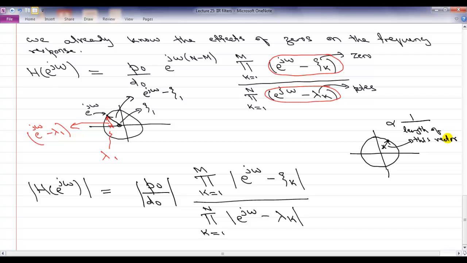You move the zeros far away from the unit circle, your response is not getting pulled down much. And similarly, if you move the poles far away from the unit circle, your magnitude is not getting pulled up too much. Okay? So that's effectively what poles and zeros are doing. Zeros are pulling down the magnitude and poles are pulling up the magnitude. You want to stay away from the unit circle. If you get on the unit circle, then your magnitude is just going to blow up.